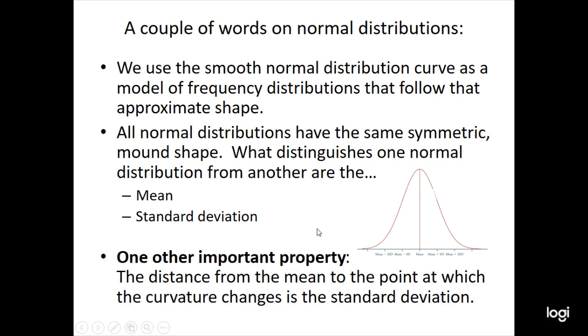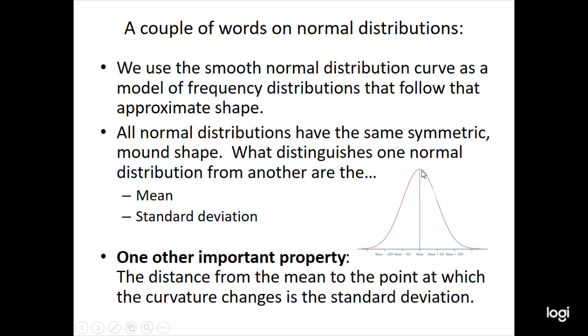One other important property is that the distance from the mean to the point at which the curvature changes is one standard deviation. What I mean by that is, around the mean, the shape of the normal curve is concave down, so it's curved downward. Then when you're out on the tails, it's curved upward.